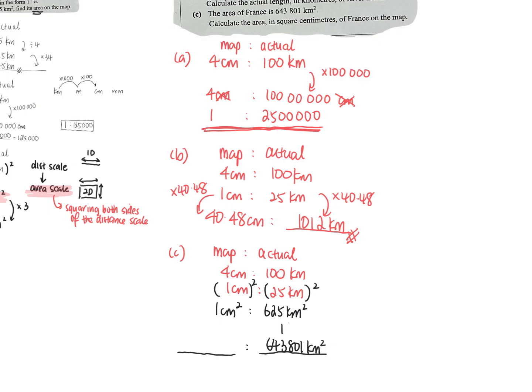So go and find 1 kilometer square first. So I will get 1 over 625. Then from here to here, times that string of numbers.